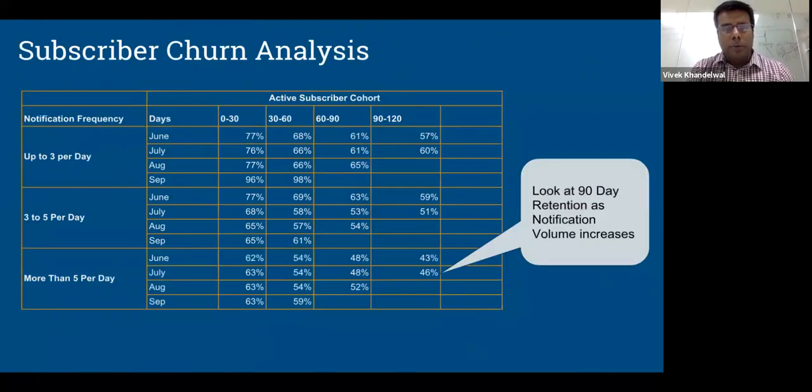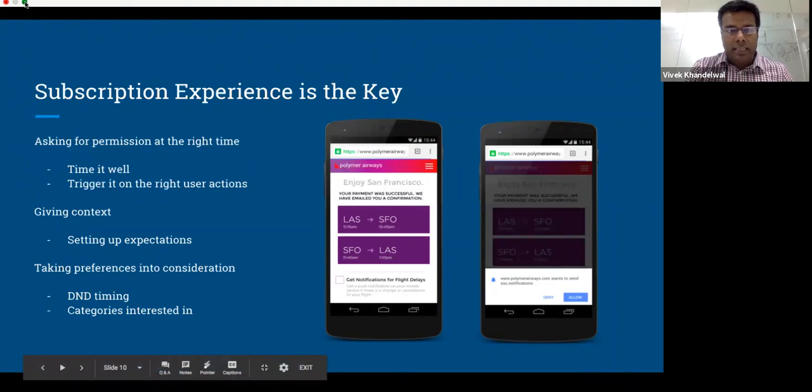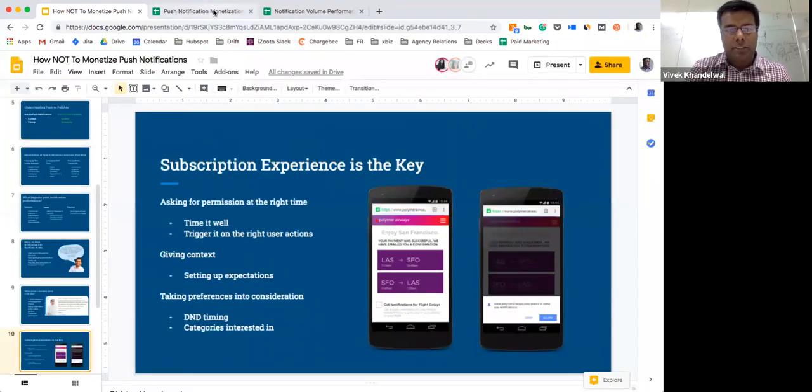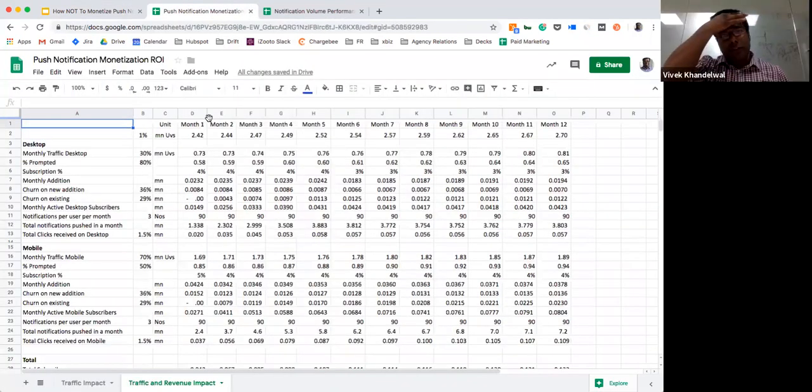What is also important, before I hit this part, I'll quickly take a minute to show you how we have seen some of these publishers leverage push notifications to drive traffic at scale for themselves, and then directly impact their ad revenue.